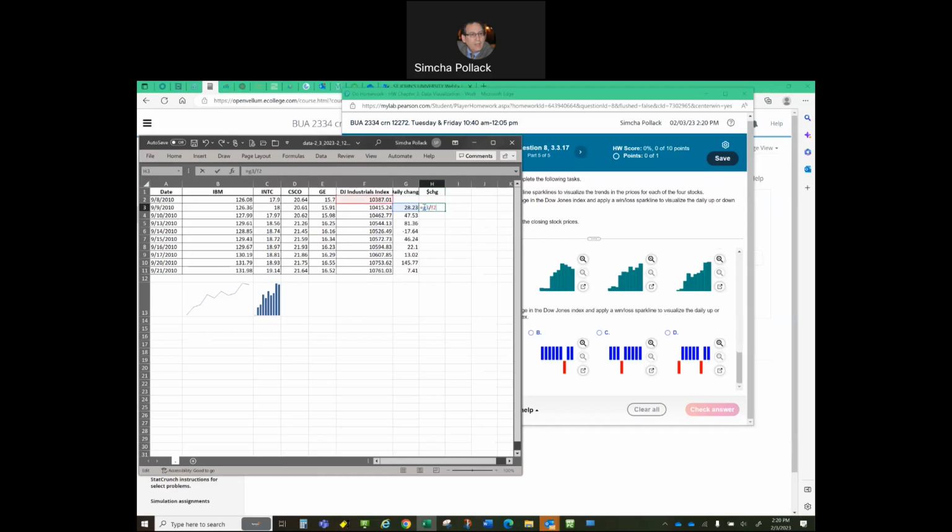Maybe multiply by 100 to make it a percentage. So 100 times the change divided by the previous number. It went up by a quarter of a percent, 0.27%. We carry this down. I'm not sure if they want us to calculate the absolute difference, the percentage difference, or the relative difference where you don't multiply by 100.